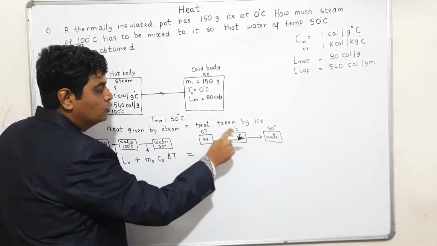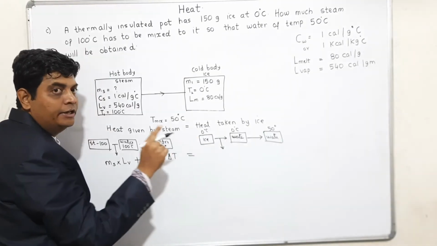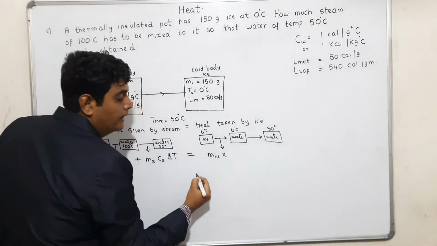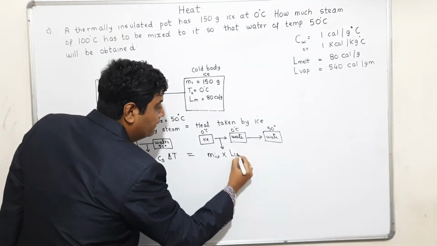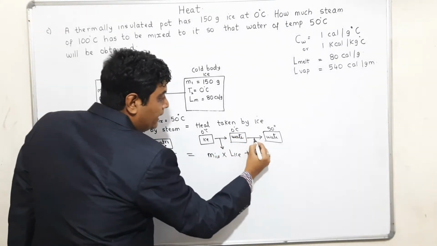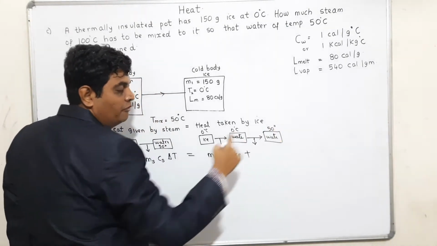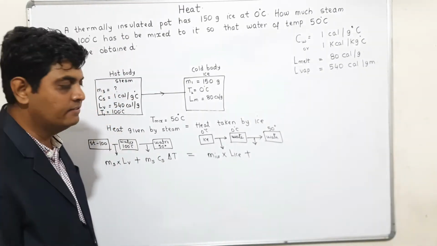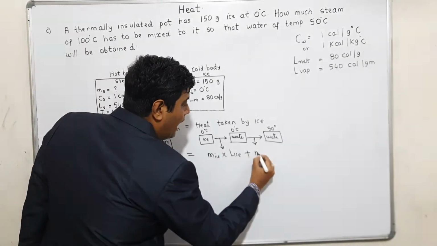From 0 degree ice to 0 degree water will be latent heat of melting. So it will be mass of the ice multiplied by latent heat of ice, plus, from here it is rise in temperature from 0 to 50 degrees Celsius. They have told us that the mixture has to be at 50 degrees Celsius. So it will be mass of the ice.